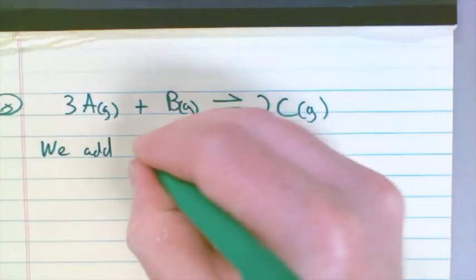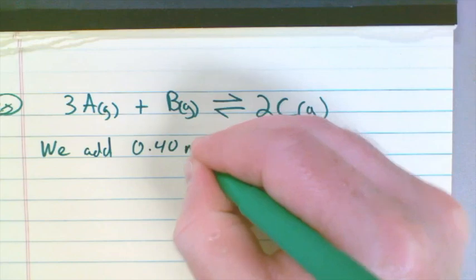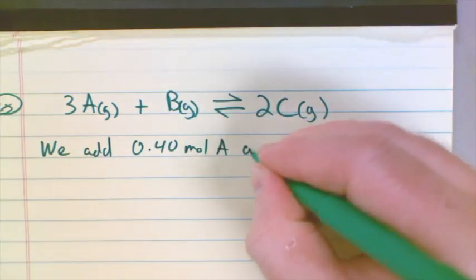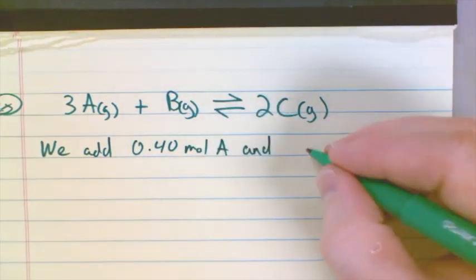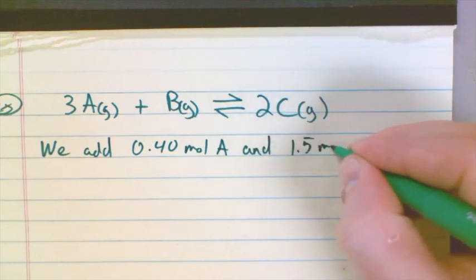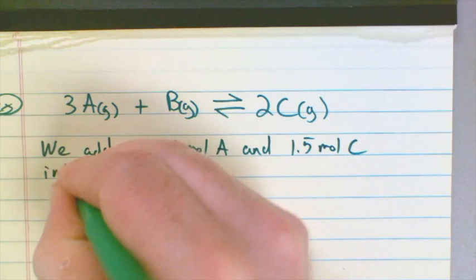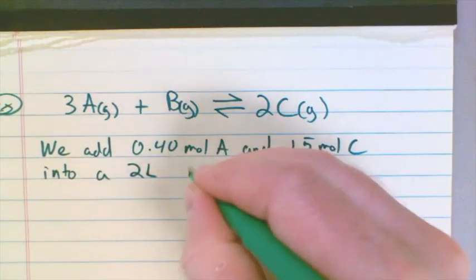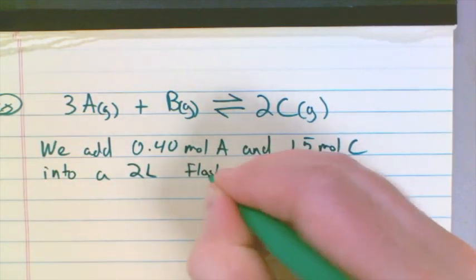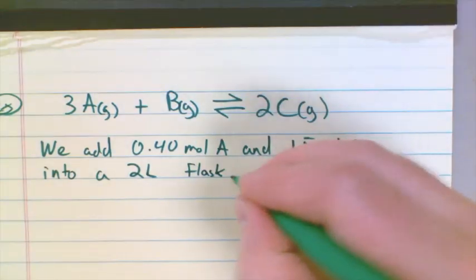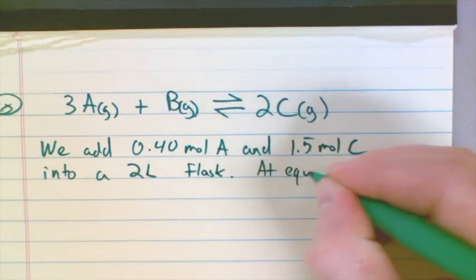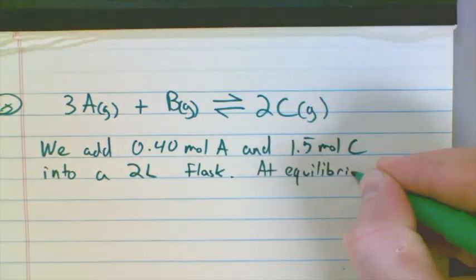We add 0.40 moles of A and 1.5 moles of C into a 2-liter flask. We allow it to get to equilibrium.